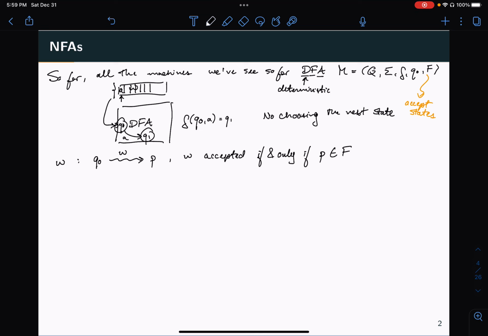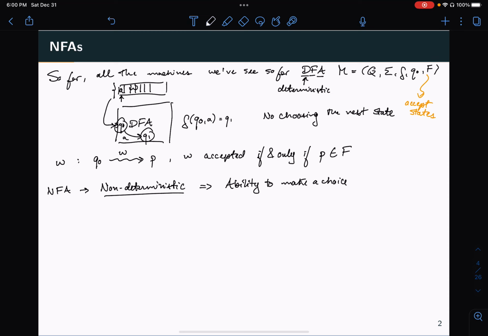Now, what does an NFA add to all this, right? Well, an NFA introduces the ability of making a choice. So an NFA, where the N stands for non-deterministic finite automata, this non-deterministic term, what it means is that your NFA now has the ability to make a choice.